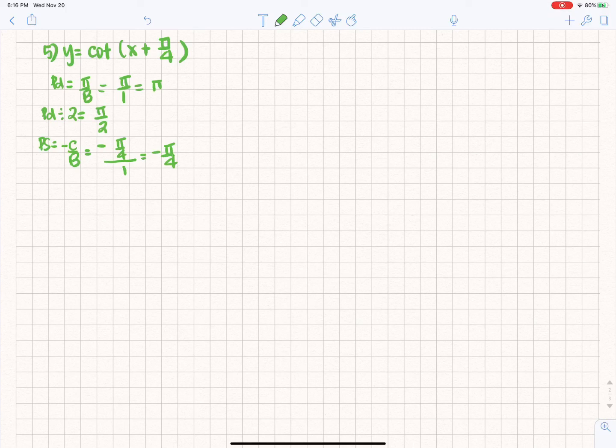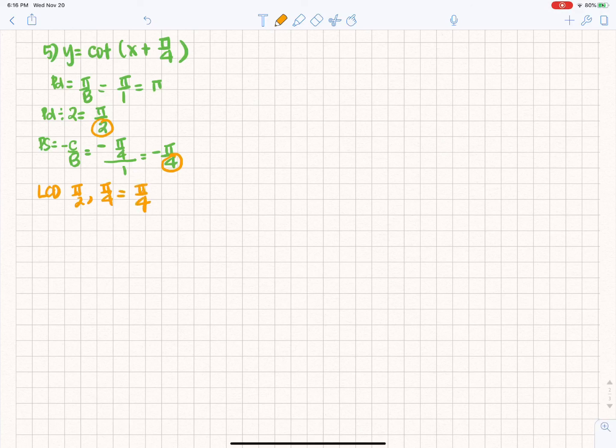Now let's look at the denominator. When you divide the period by 2 and look at your phase shift, is it the same? No, so we need to find the LCD. The LCD of pi over 2 and pi over 4 is pi over 4.